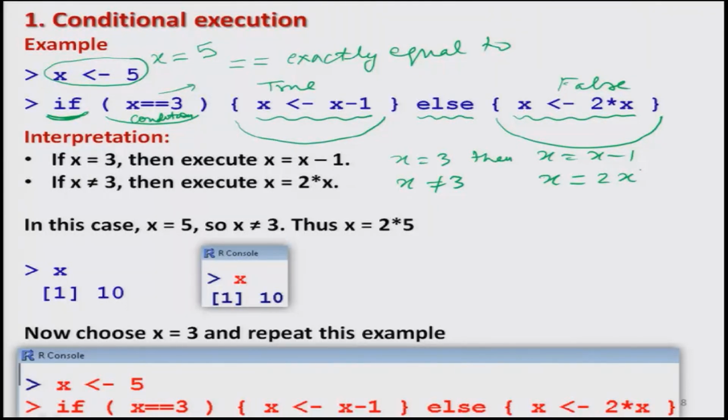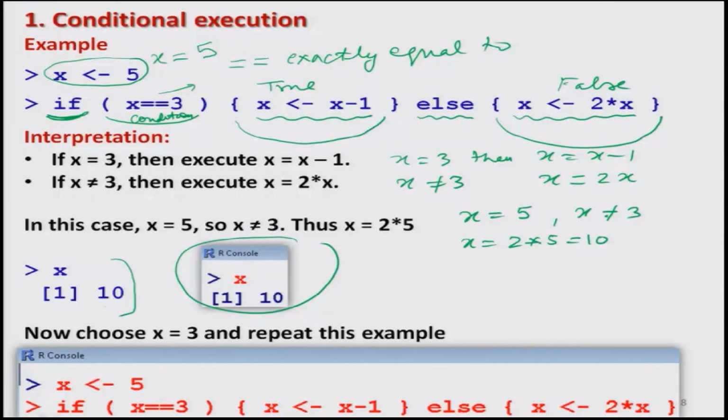Now, since I have taken the value x equal to 5, obviously in this case x is not equal to 3, and x will be operated as 2 into 5, which is equal to 10. Here is the screenshot and here is the output, where we can see that the answer comes out to be 10.